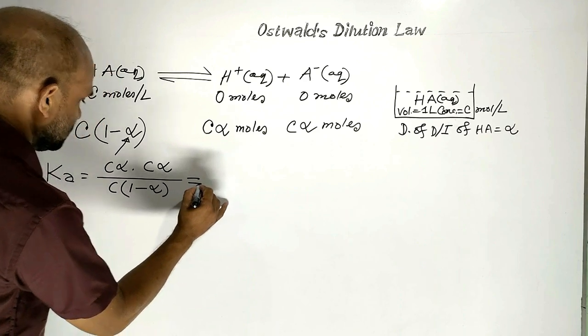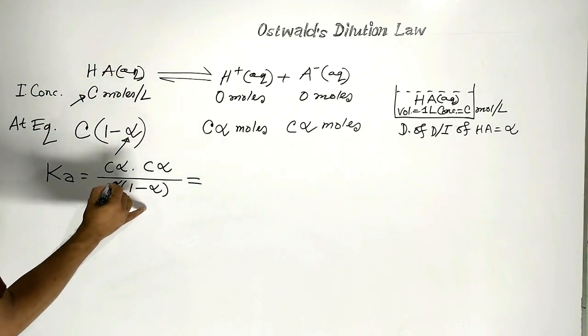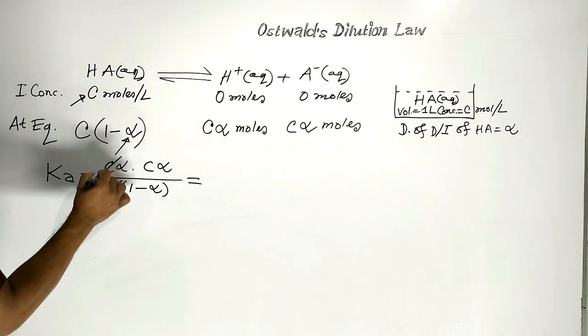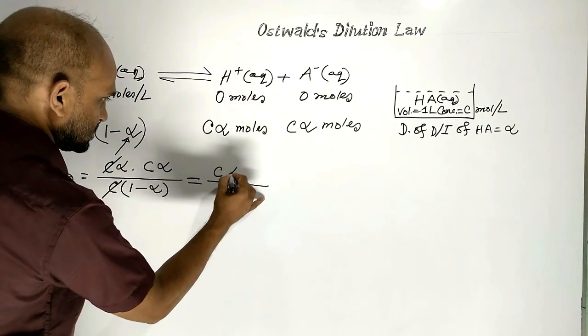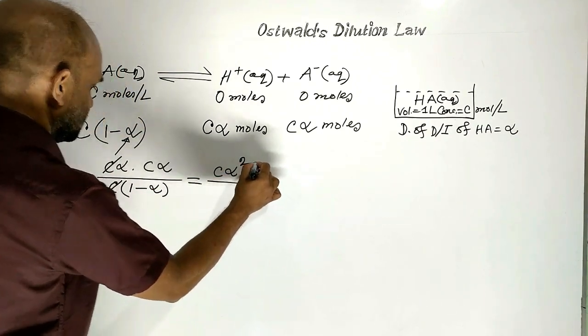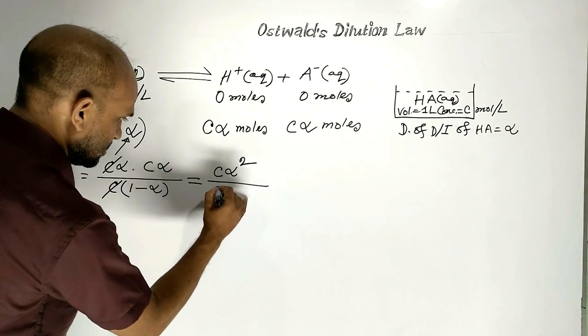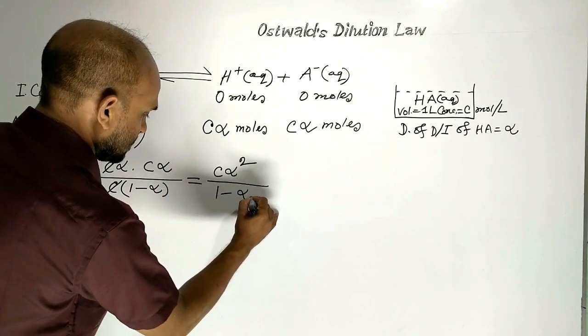This is equal to, cancelling this C, C alpha square divided by 1 minus alpha.